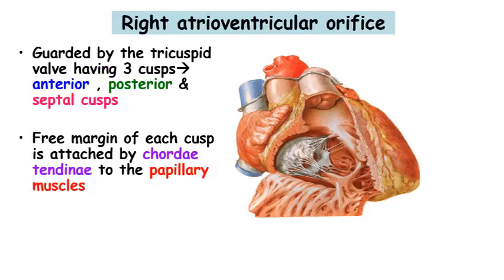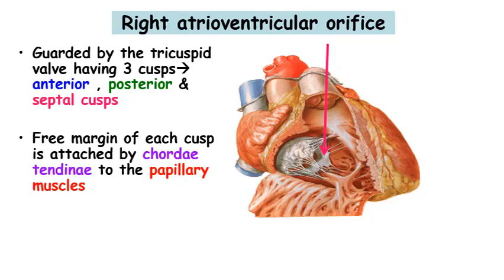Let's talk a little bit about the atrioventricular orifice on the right side of the heart, which connects the right atrium with the right ventricle. It is guarded by the tricuspid valve. From its name, we know that it has three cusps: one anterior, another posterior, and another septal.